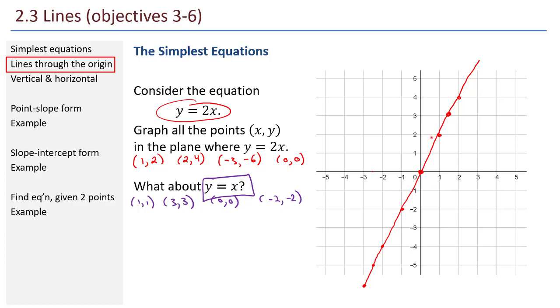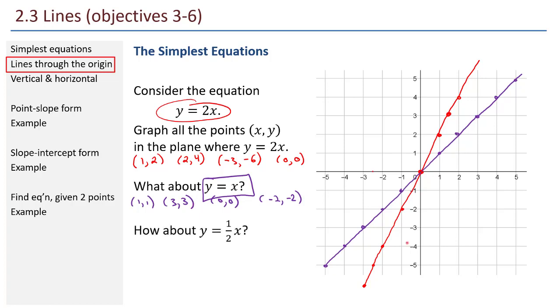So let's see here, (1, 1), (2, 2), (3, 3), (4, 4), (5, 5), (-1, -1), (-2, -2), and so on. And so if I graph all the points, not just those points with integer values, but all the points where the x value equals the y value, I have the line that represents the equation y equals x.